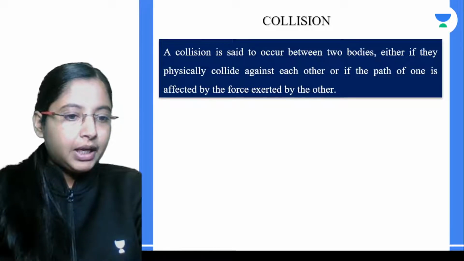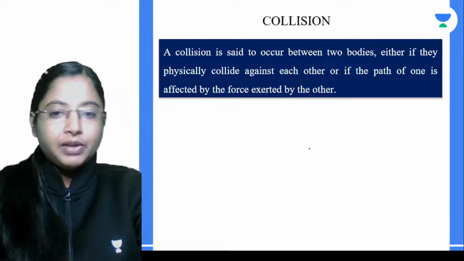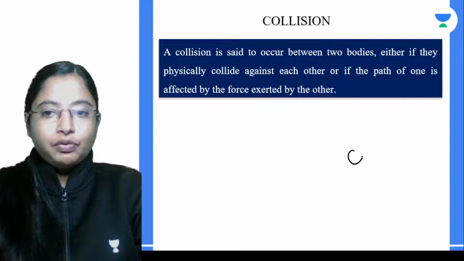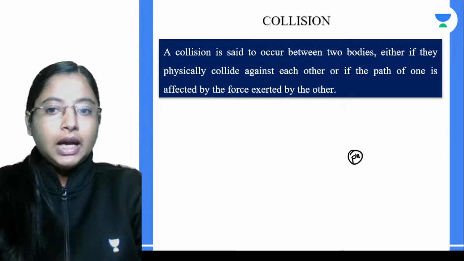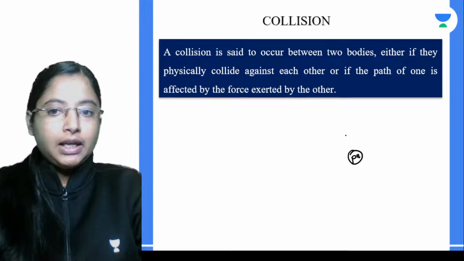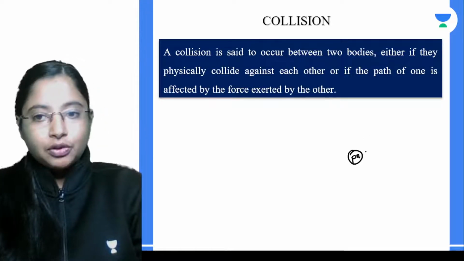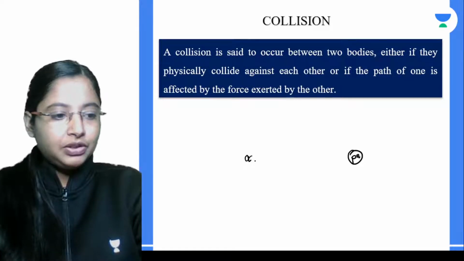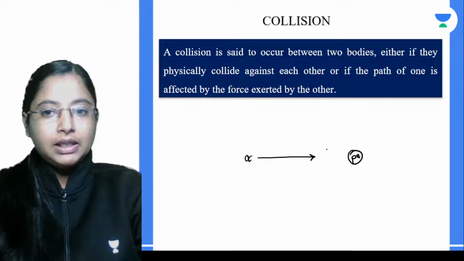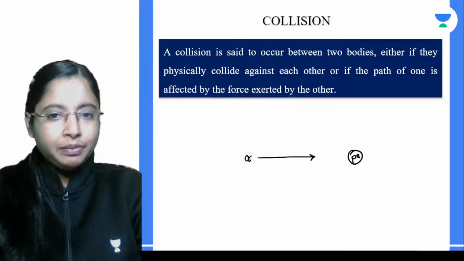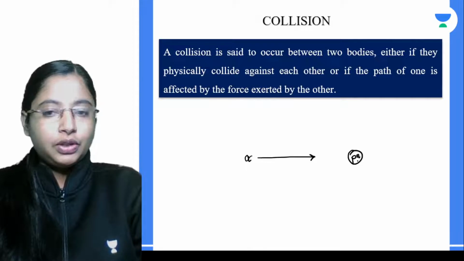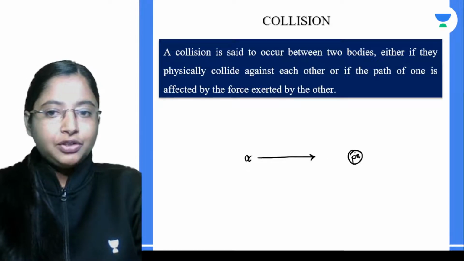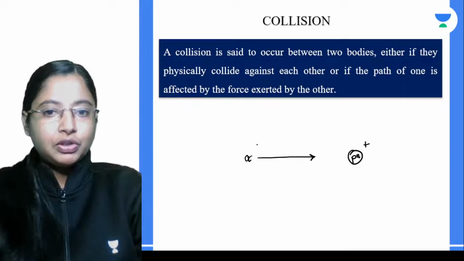For example, if you take the alpha scattering experiment, what we have is protons and neutrons in the center of the atom. This forms the nucleus of the atom, and around it we have electrons. But let's say we have an alpha particle with a positive charge, and this alpha particle is made to collide with this nucleus. The nucleus also has a positive charge.